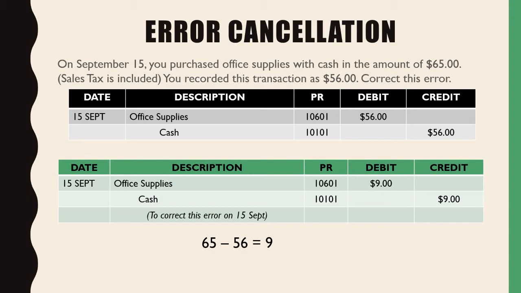You cannot do both, because both are going to create more errors in your journals. You can only choose one method, either reverse and re-entry or error cancellation. Any questions on error cancellation?